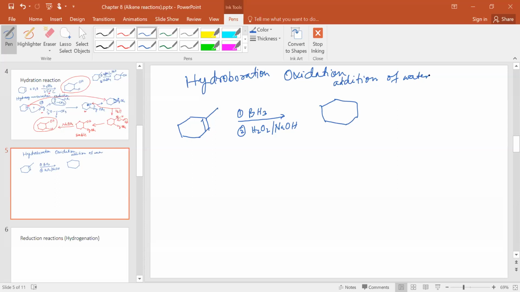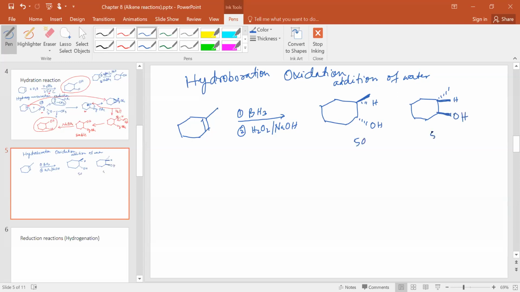So hydroboration, what will happen? In this reaction, both the hydrogen and OH will be added from the same face. And not to mention, for this achiral molecule, both products will form, hydrogen above and OH above, 50-50 percent.